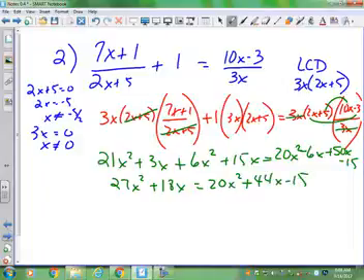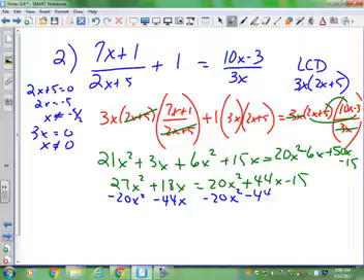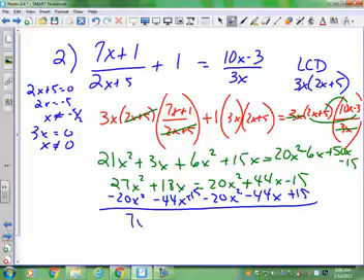Now I think I'm going to bring it all to the left and go minus 20x squared from both sides, minus the 44x from both sides, and add the 15 constant to both sides. That'll make my problem 7x squared, 44 minus 18 is going to be 26, and that'll be negative, and then the plus 15.